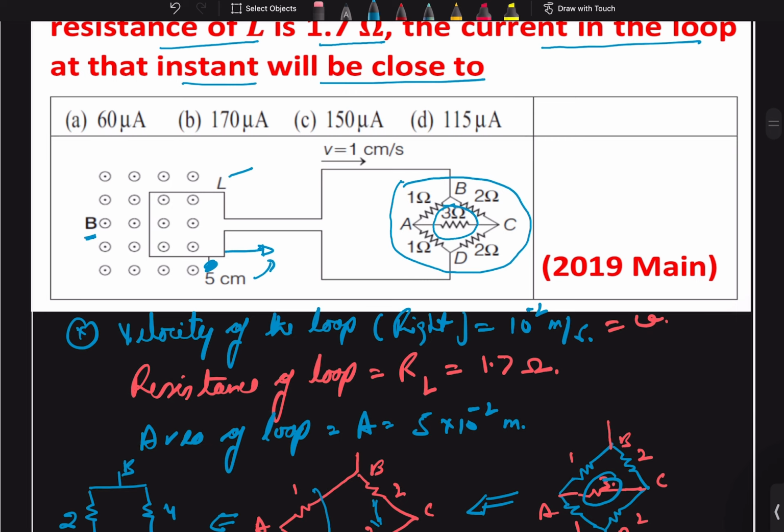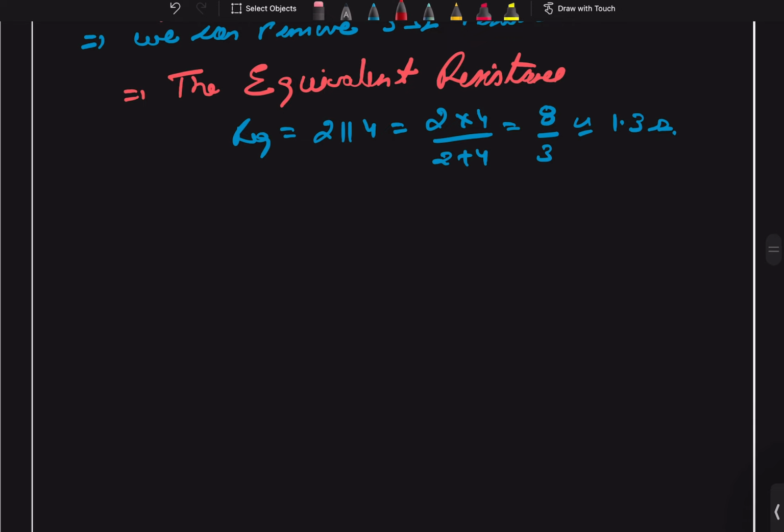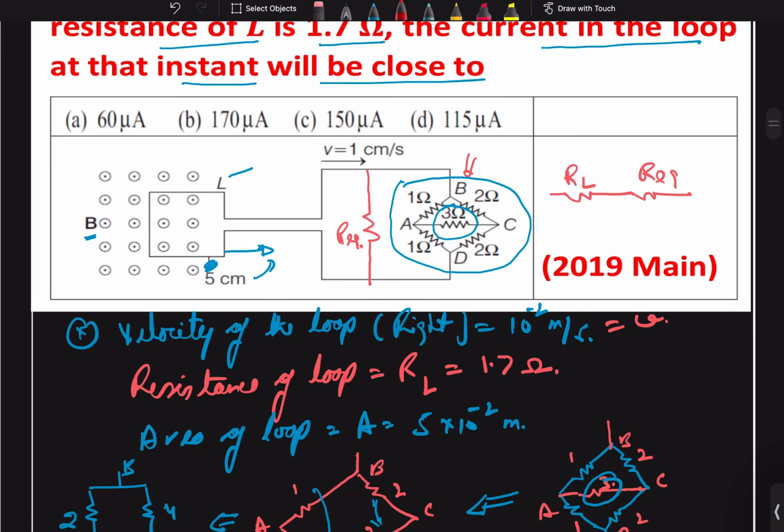So if we remove this entire circuit, now we can simply join one resistance here and this will be our equivalent. This will be our loop resistance RL and this will be our equivalent resistance. These two resistances will now come in series, and we call this R total.